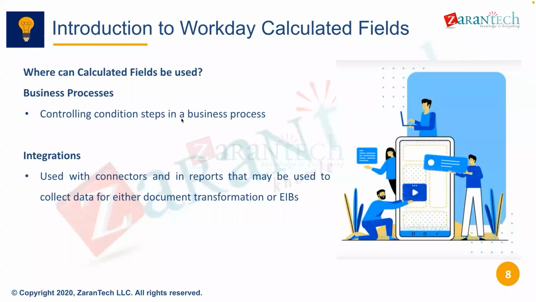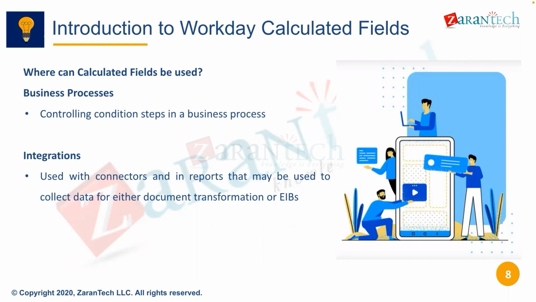As part of the integrations, right? While you run an integration, there are prompts just like what we have in reports, and the integrations can extract values in real time. So you can use those particular calculated fields to extract values and run it as per your need.